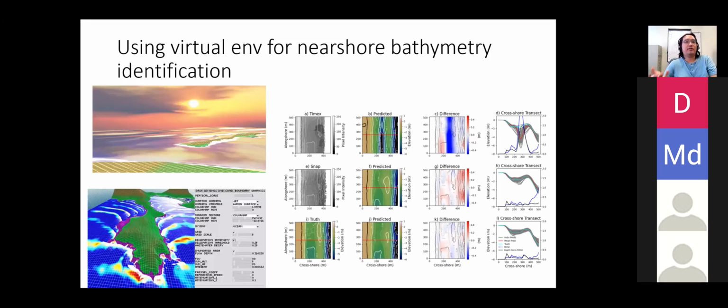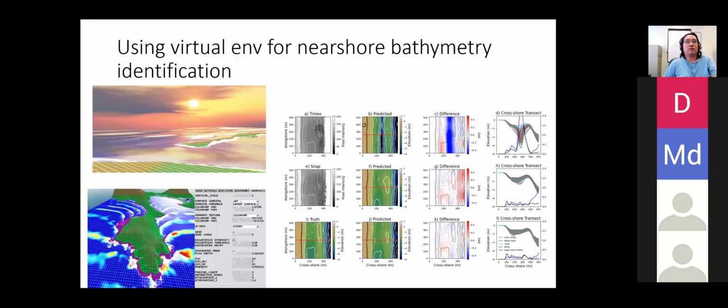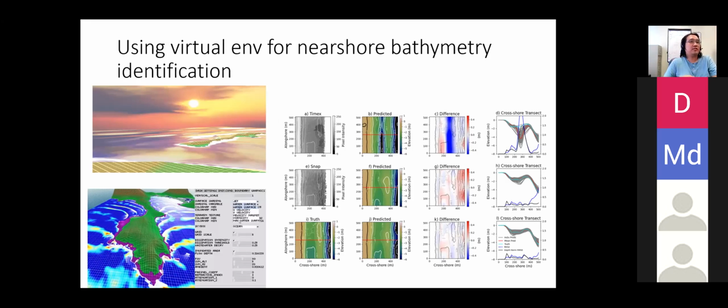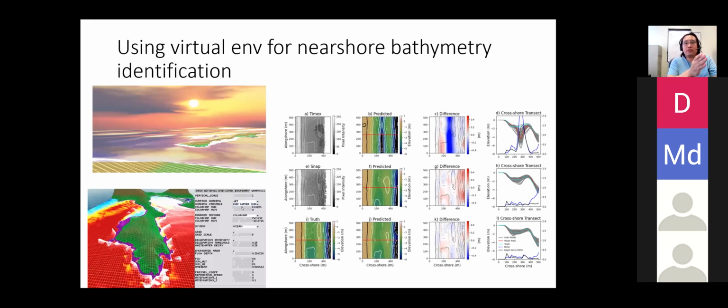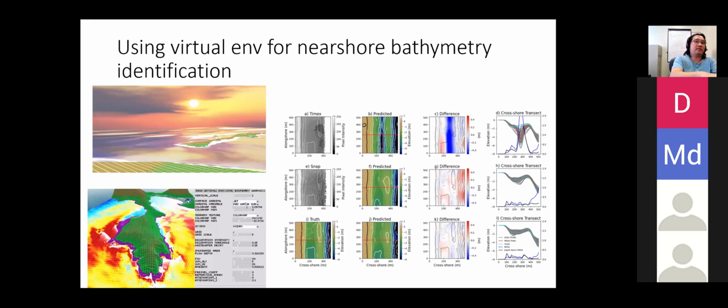So one idea is a photorealistic numerical model. This is the so-called Stellaris model, developed by USC, which I didn't mention here.